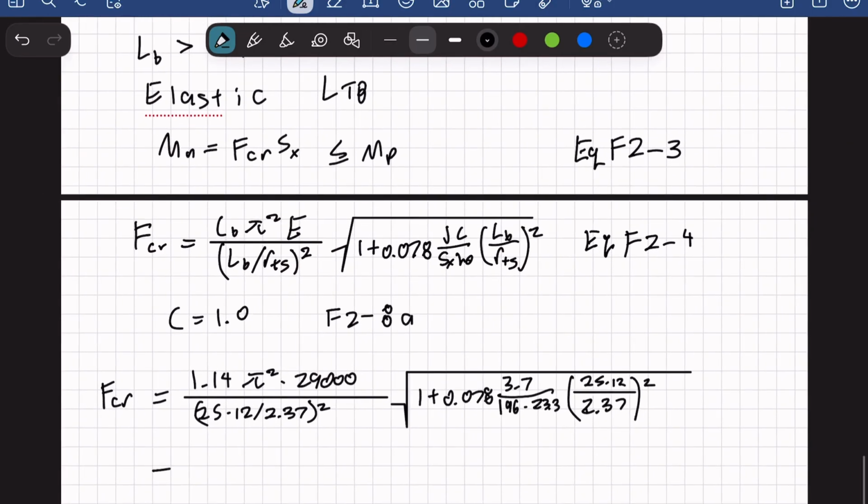So go through here, 1.14 times, goodness, I already messed it up in my calculator.